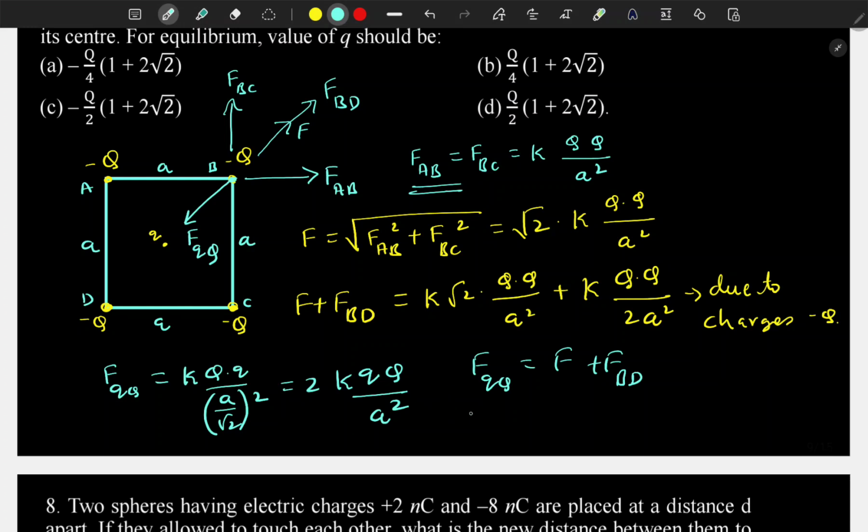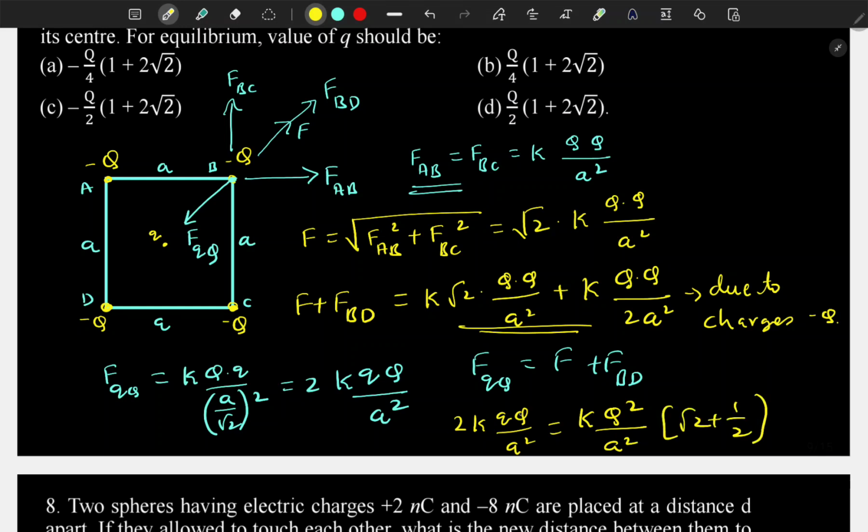You will get 2k small q capital Q divided by a square is equal to, here in this what is the common thing, k is common, Q into Q square divided by a square is common, remaining root 2 plus 1 by 2 is there. So capital Q gets cancelled, a square k get cancelled.